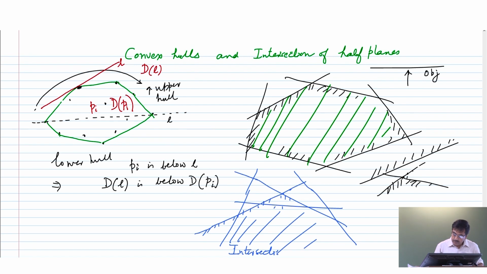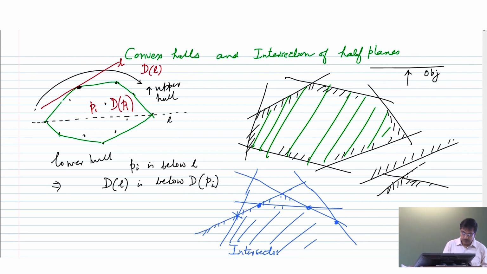Now, if you look at the intersection of this structure, this is the convex chain defining the intersections. Each corner point of this is an intersection of two lines, and the two lines are coming from the points, basically the duals of points.